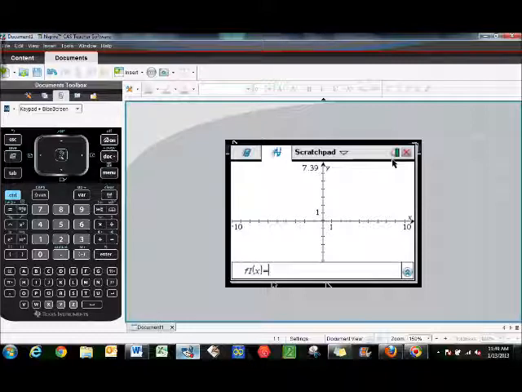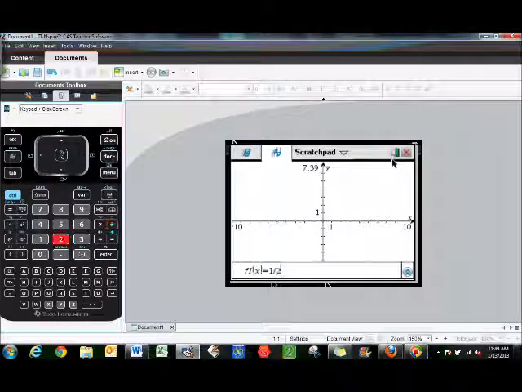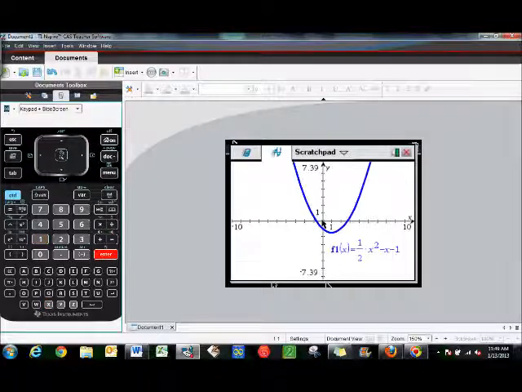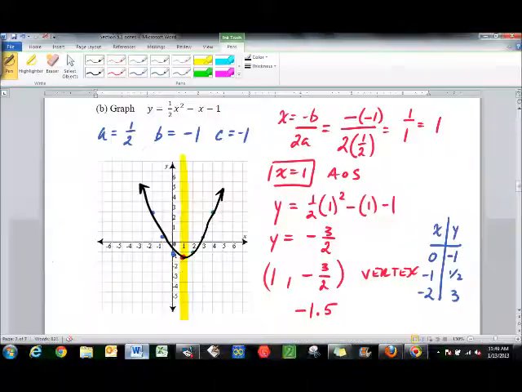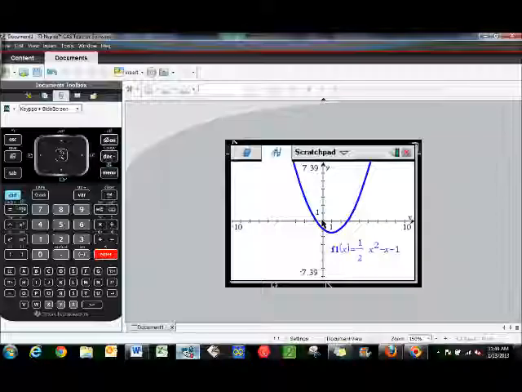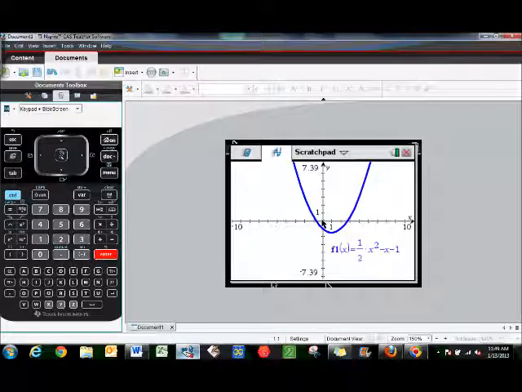So we're going to start off with 1 divided by 2, then x squared minus x minus 1, and I'm going to hit enter, and we can see that our particular graph looks fairly similar to the graph that we get on the calculator. So as always, the calculator is a good way to check to see if you're doing the graphing correctly.